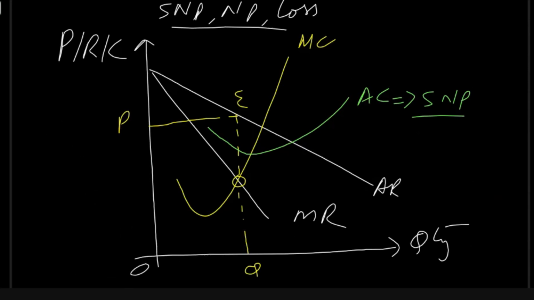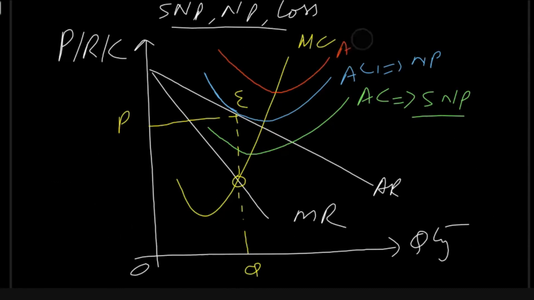And for normal profit, average cost curve should be tangent at this point. This is average cost for normal profit, and for loss, average cost should be even higher than the equilibrium price. So this is average cost 2, which shows loss to the business.